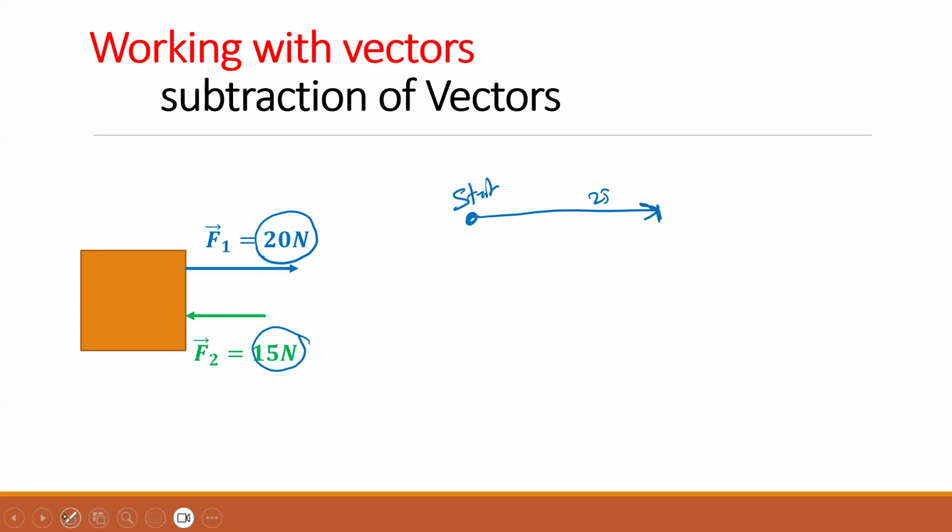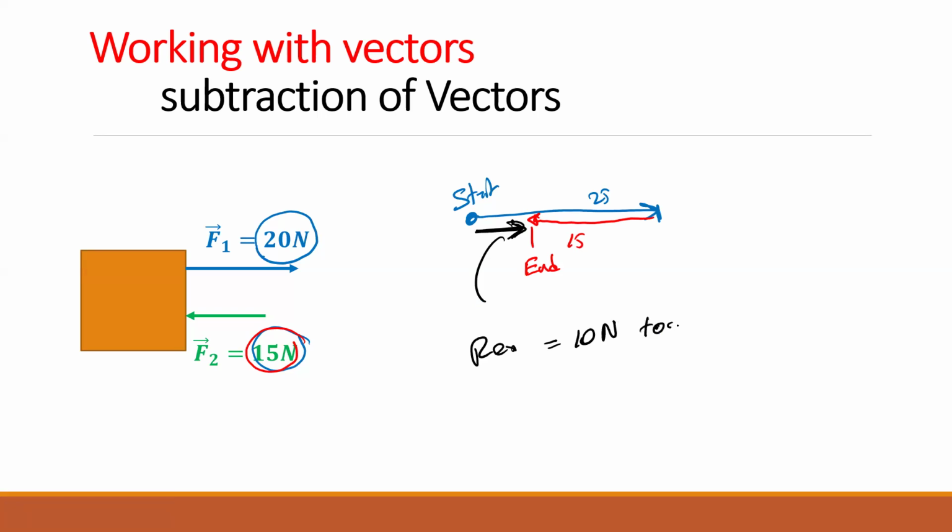You are here now. Now you draw 15 newtons towards the left. This is your end. Start to end gives you the resultant. The resultant is equal to 10 newtons towards the right.